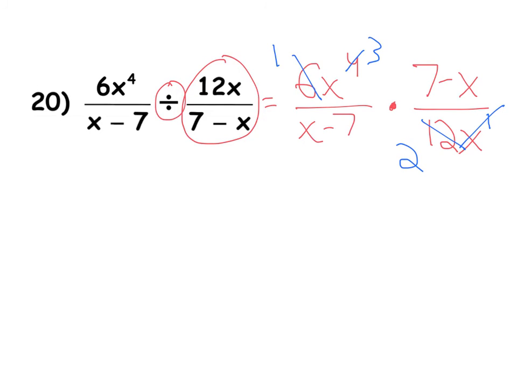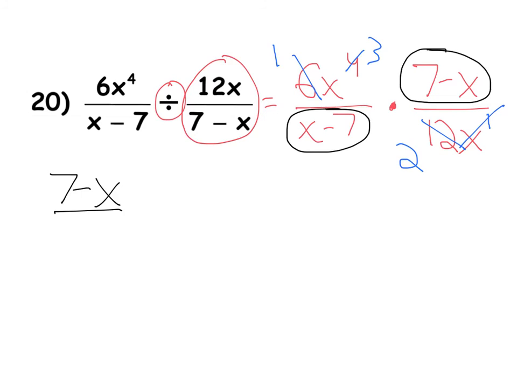And now the last thing here, and this is the thing I think could give some of us trouble, is the 7 minus x over the x minus 7. So I want to do this part separately here. This is not my final answer. I'm just going to do some scratch work here, just to remind us of what this is going to equal.